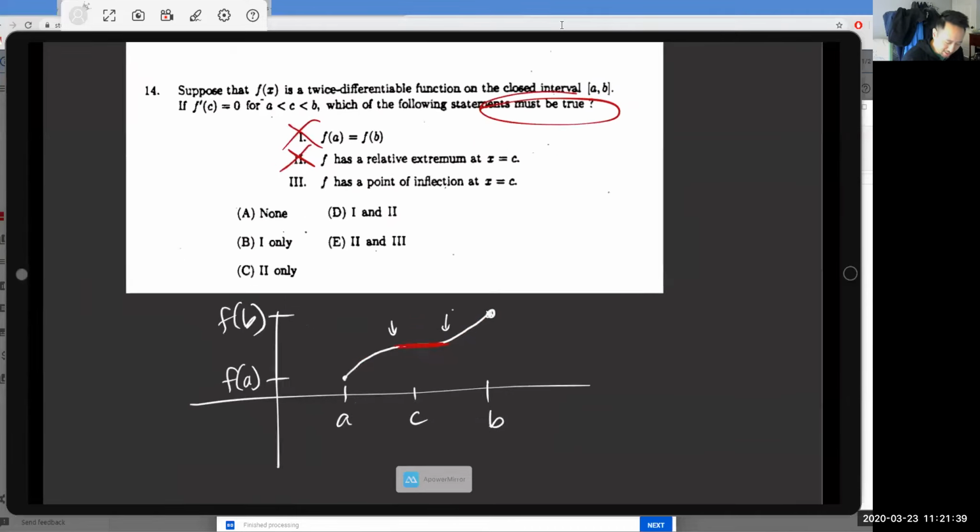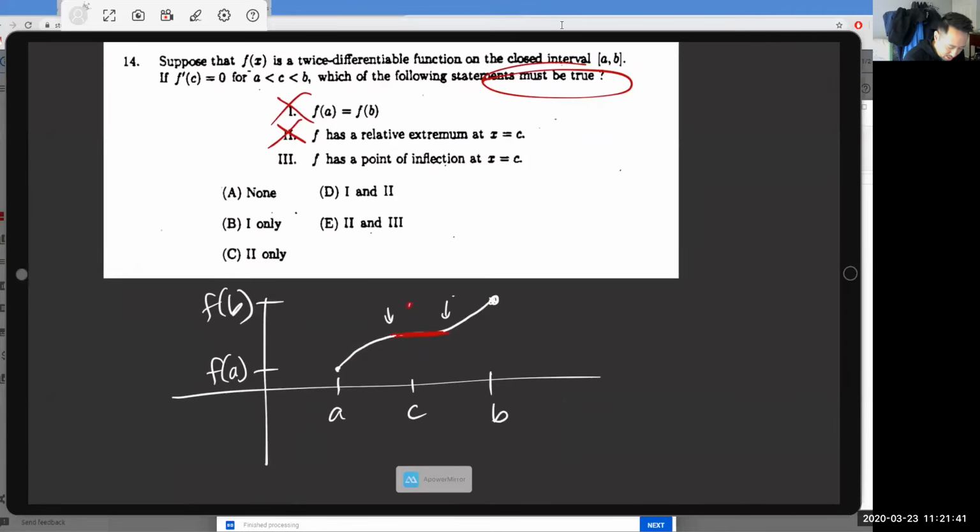My point is, it doesn't change concavity exactly at c. It stays flat for a good amount of space, from here all the way to here, which means it doesn't have to have a point of inflection at c. There's no indication that it has to change concavity exactly at point c. So number 3 is wrong. So A would be my correct choice.